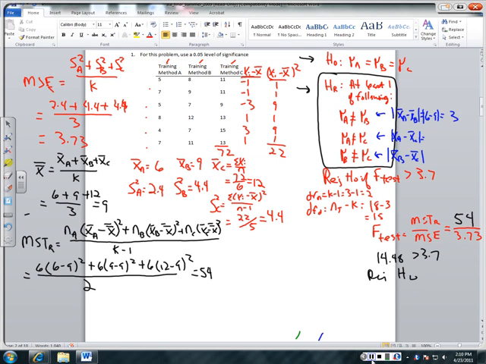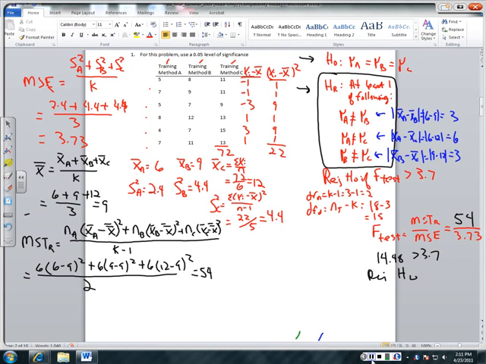And between A and C, I've got 6 minus 12. The absolute value there is 6. And then for B and C, this 9 minus 12, and the absolute value is 3. So that's really the information we have about difference between means, is just the difference between the sample means for each pair of means.